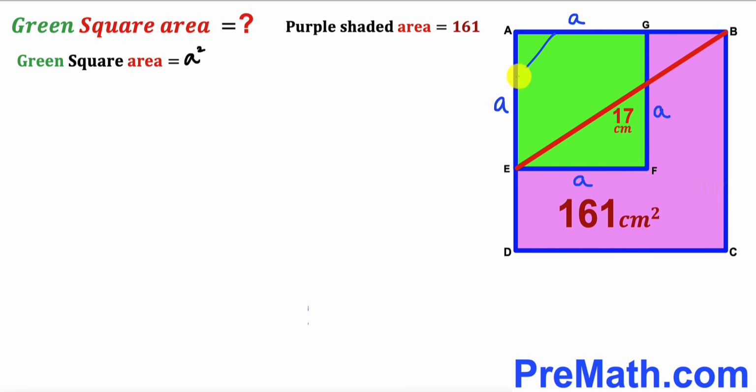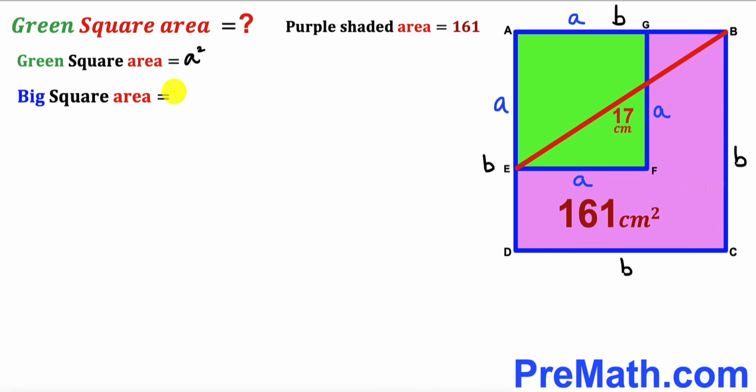Now we are going to focus on this big square ABCD. I'm going to label its side length lowercase b. Then this side length is lowercase b, and lowercase b across the board.